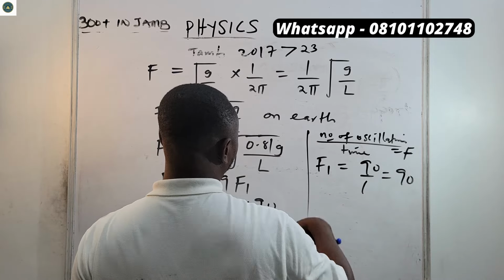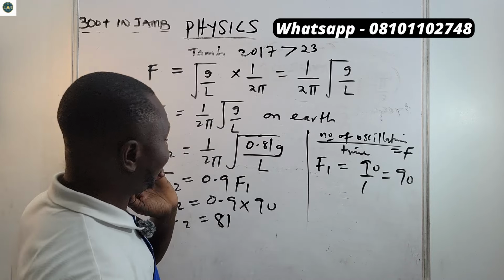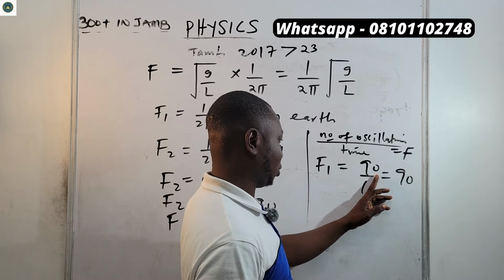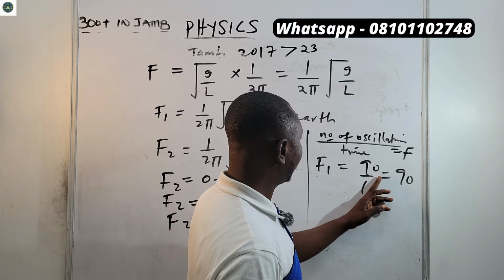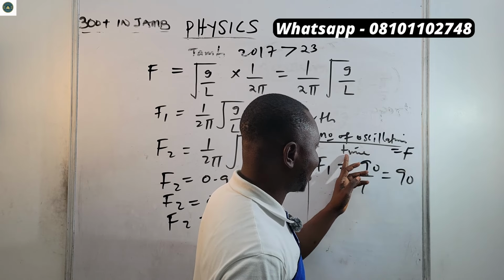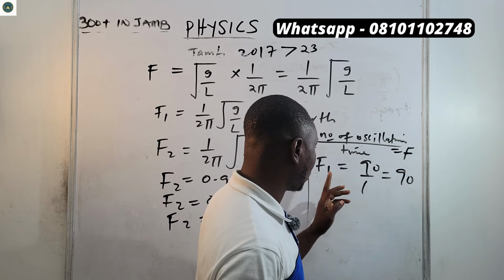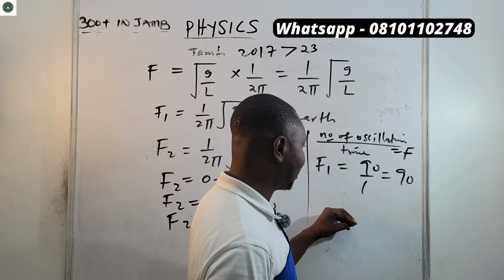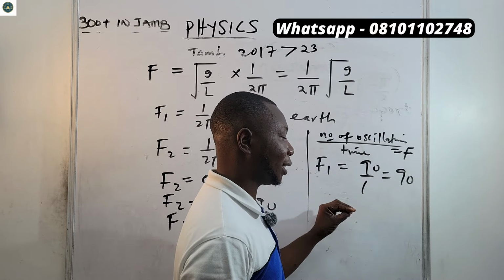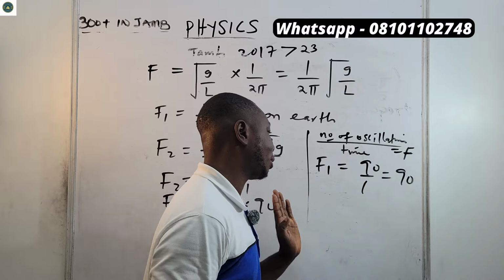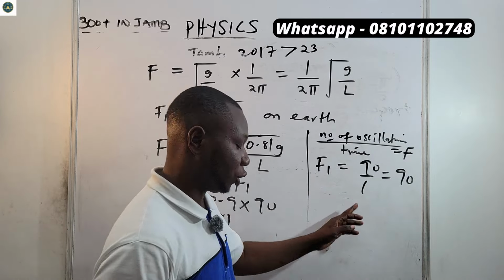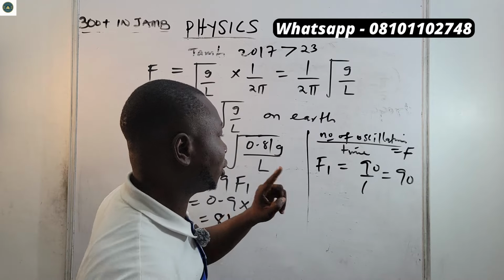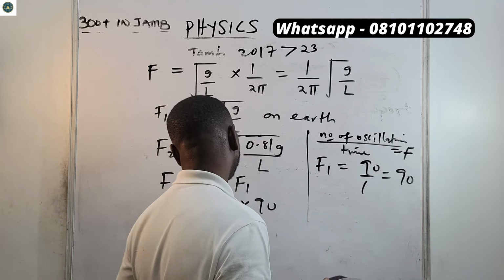It means that at 90 oscillations, the number of oscillation per time is 90, and that is also equal to F1. F1 is frequency, and frequency is number of oscillation per time. So you have 90 over 1 because it was just in 1 minute. Per minute, you have 90.